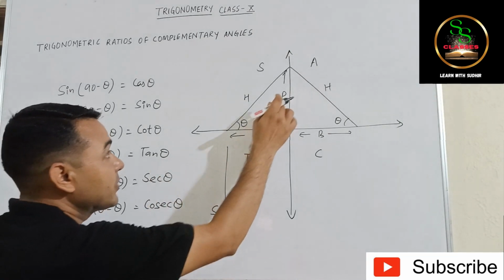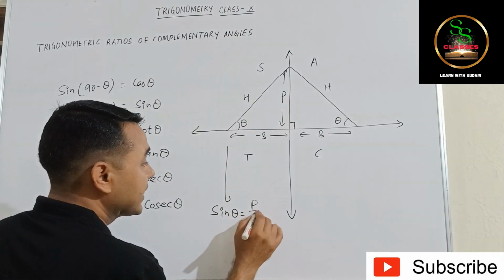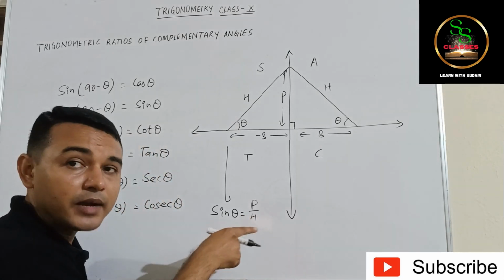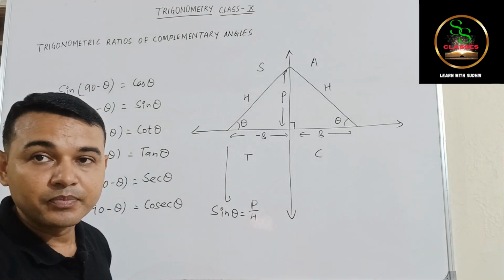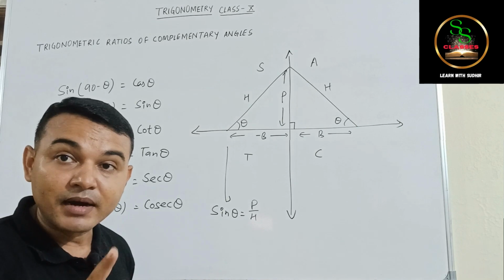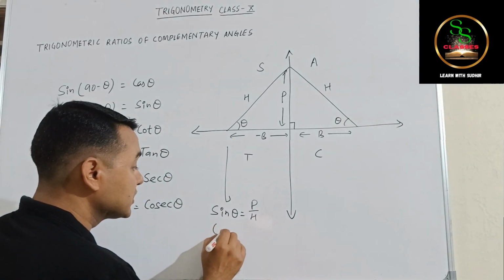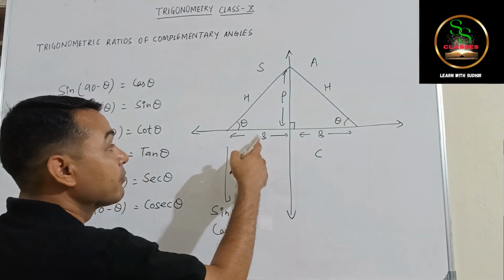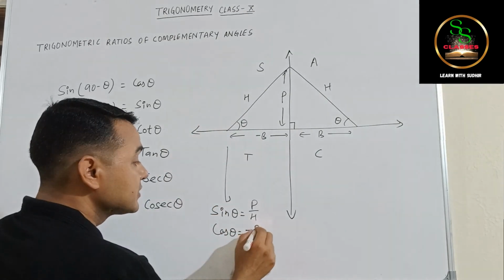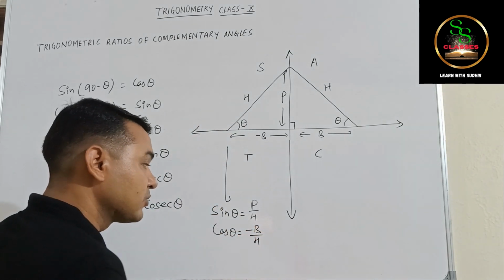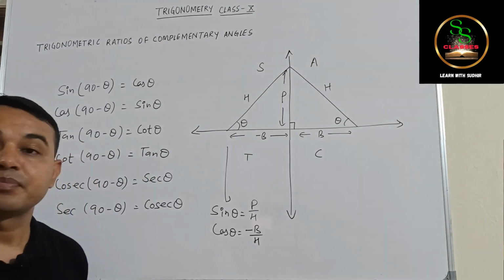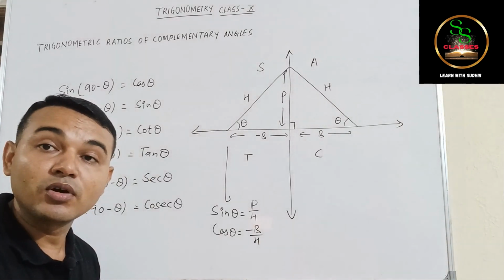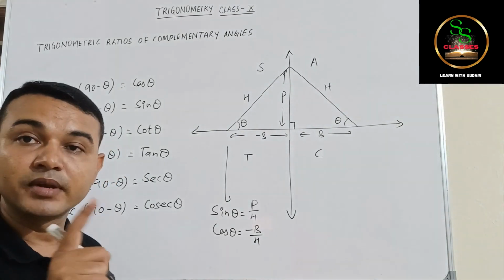So sin theta is perpendicular by hypotenuse, p by h, and its reciprocal is hypotenuse by perpendicular. That is also positive. But if we are going to find cos theta, then cos theta is base by hypotenuse. Base is negative and hypotenuse is positive. Then cos theta will become negative, and the reciprocal of cos theta also becomes negative.